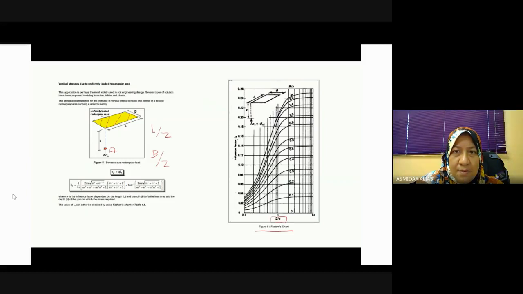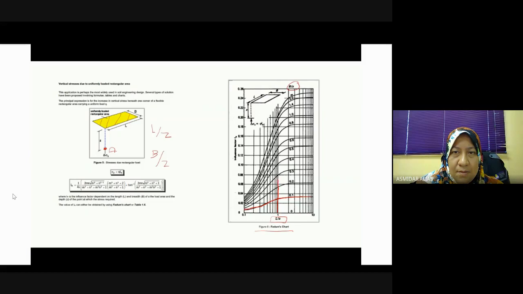And then the parameter inside, all of these curves are representing B over Z. So let's say I give one value, I get L over Z 1 and then get the value for B over Z 0.3. So this is how you do it.